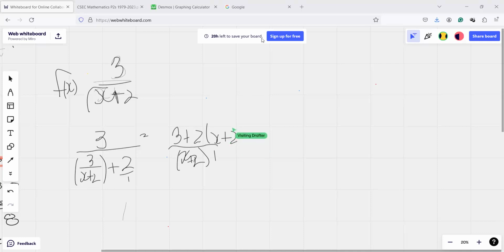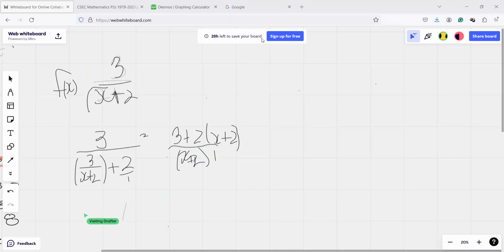Then you can simplify this section here. And remember, guys, don't just disregard the 3 that is at the top. We're just trying to work out the denominator and then we'll put back the function together.